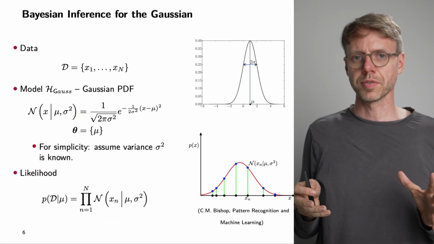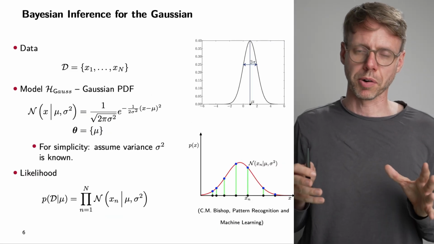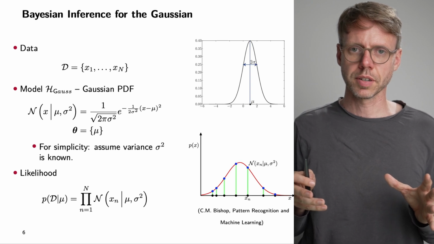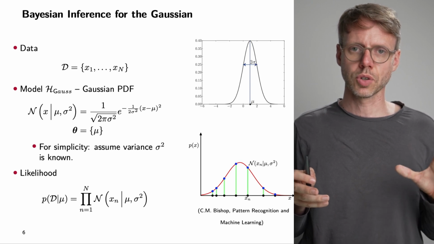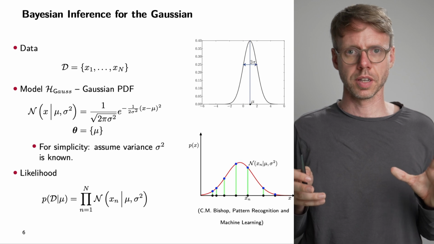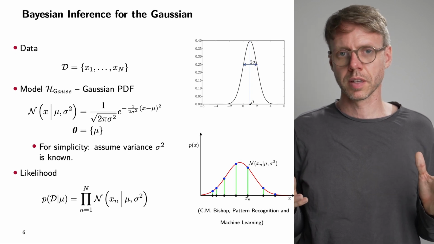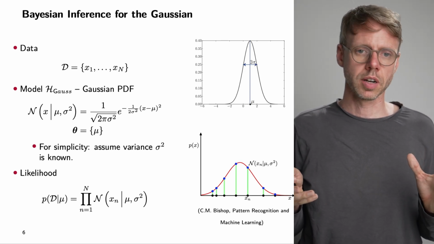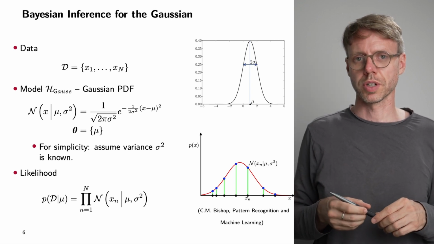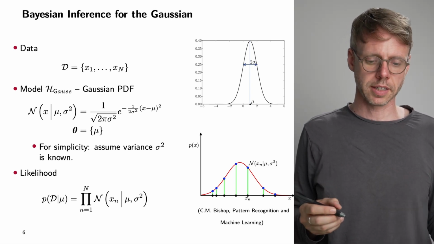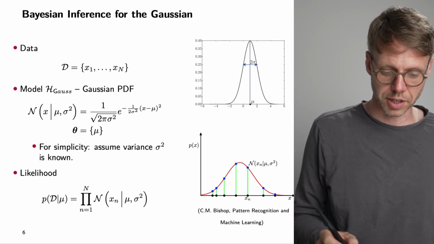An alternative to maximum a posteriori estimation is to actually compute the posterior. Now, let's look at the normal distribution as an example to exercise that. Well, our ingredients are the same.